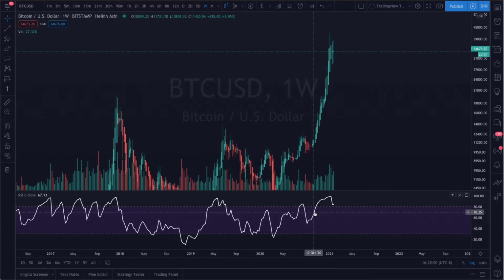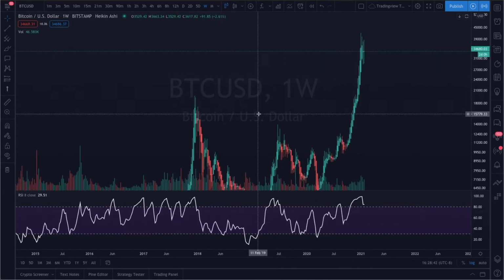So if we smooth our settings out to 80, it gives us a more accurate overbought reading, letting us know that the market is still moving to the upside. So it's been overbought here for quite a bit of time. As you can see, it's remained in the high 80s, low 90s, basically since the 19th of October till now, 25th of January.